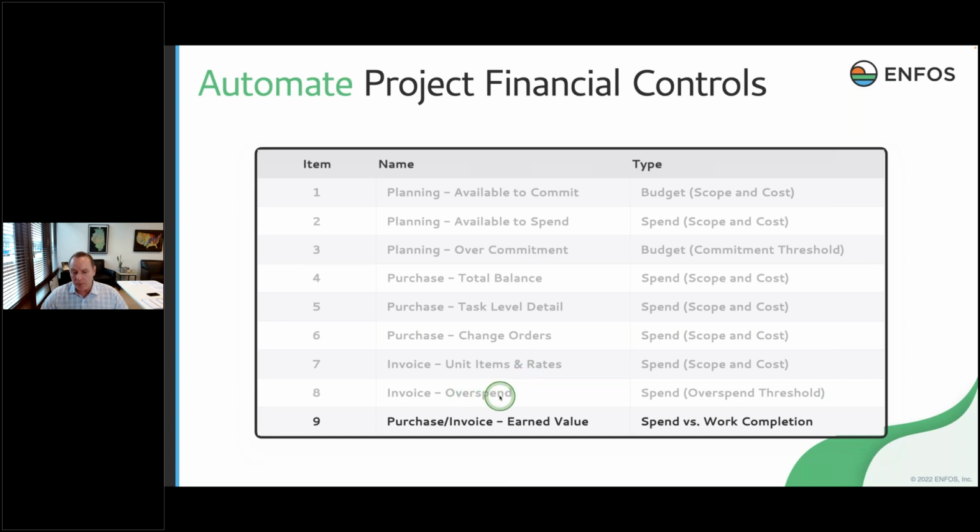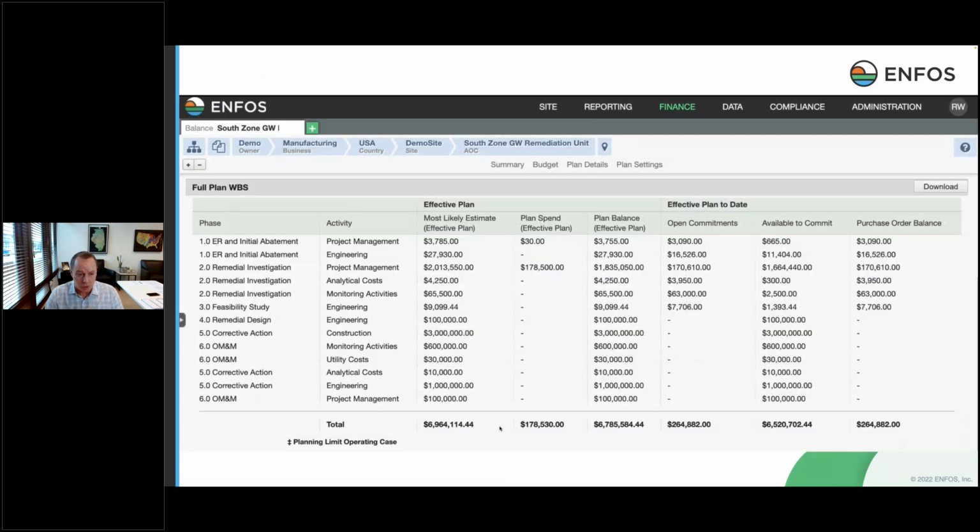I can even have overspend tolerances set up so that I might give a little extra stretch in the rubber band. And then finally, the last one is the classical project management technique called earned value, where I'm measuring my spend against actual work completion. So these are all automated financial controls to help you with your cost control goals.